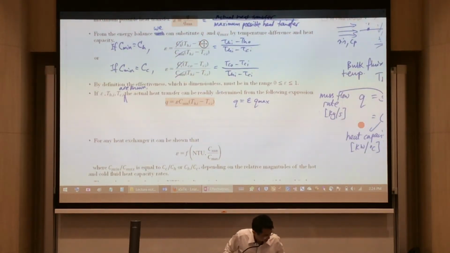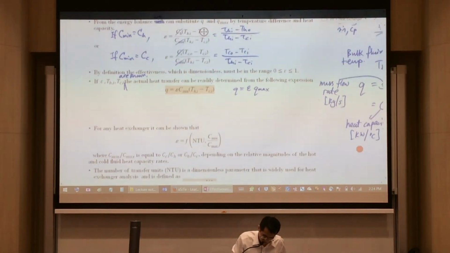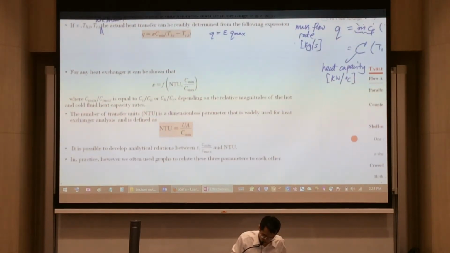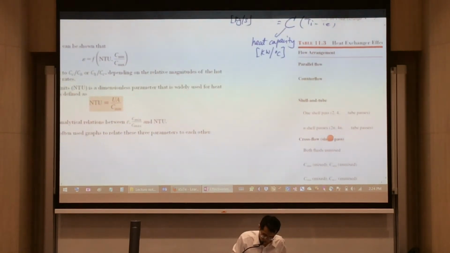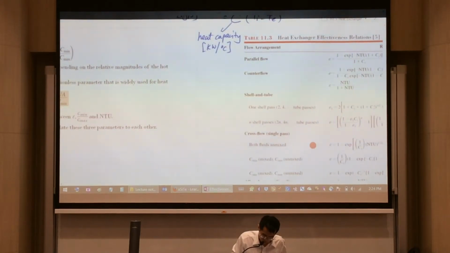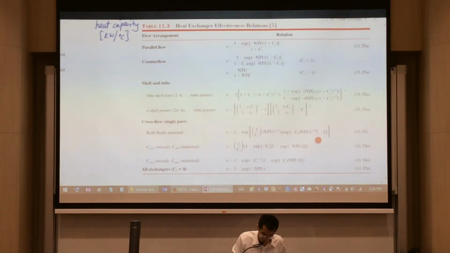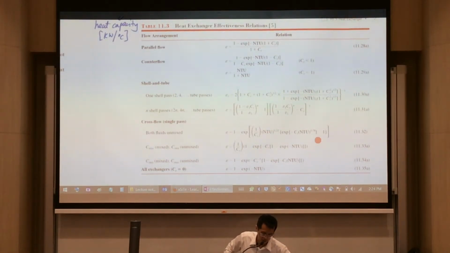So there are some governing equations behind this effectiveness. And I'm going to slide over here. This is something that's not included in your lecture material, but not to worry, because your seniors actually did calculations based on finding out what's the epsilon using the NTU, which is number of transfer units.